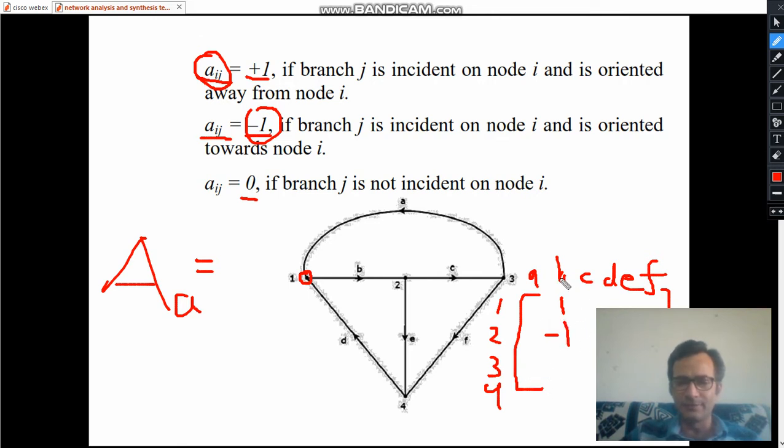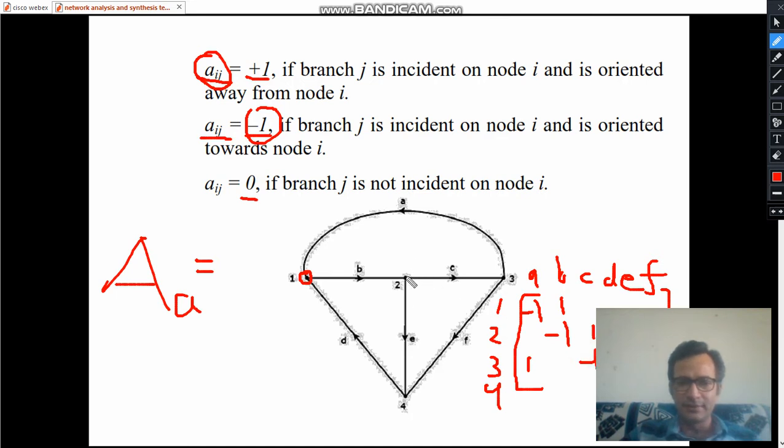For example, branch B starts from 1 towards 2, so from is with plus sign, towards is with minus sign. Similarly, branch A is from 3 to 1. Similarly, branch C is from 2 towards 3.